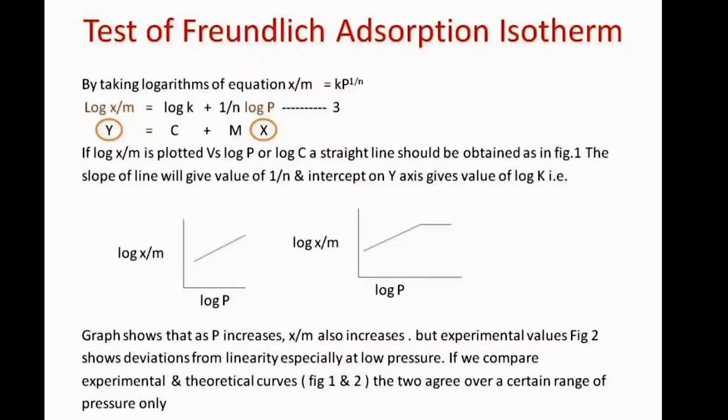Now this equation is similar to the straight line equation y = mx + c. That means if on the y-axis we take log x/m, and on the x-axis log p, we get a straight line having intercept log k and slope 1/n.